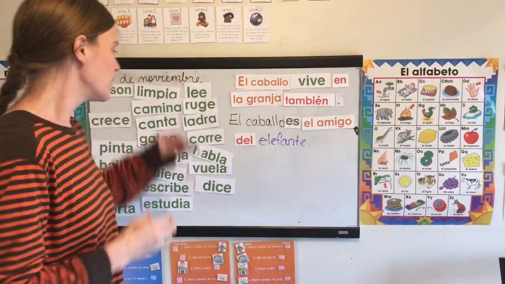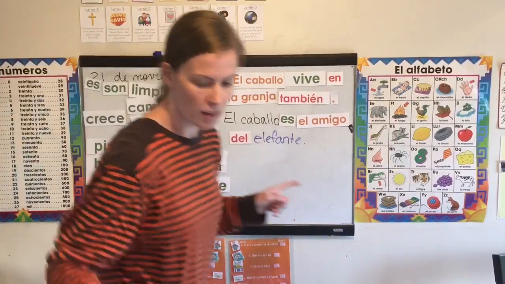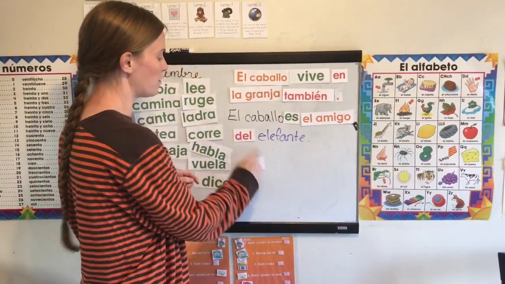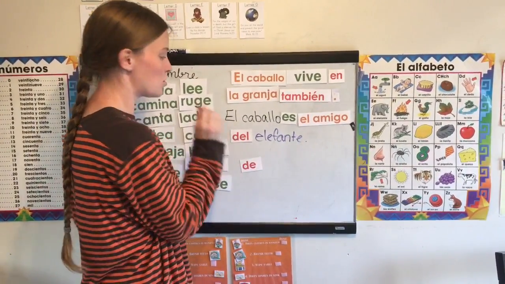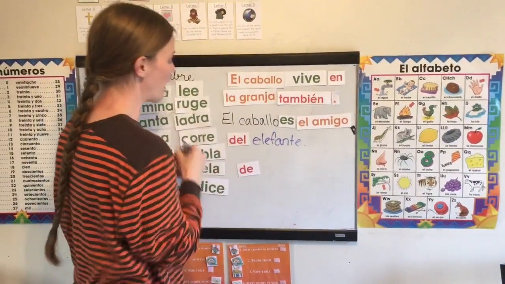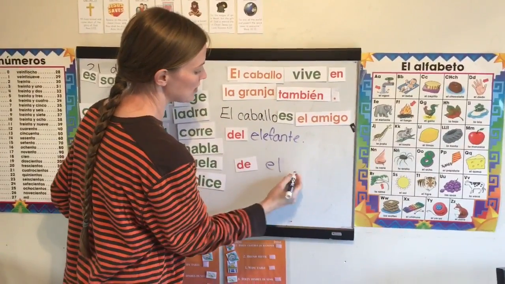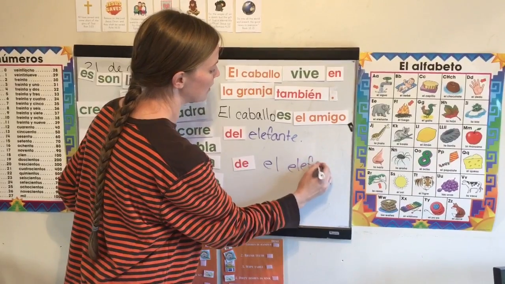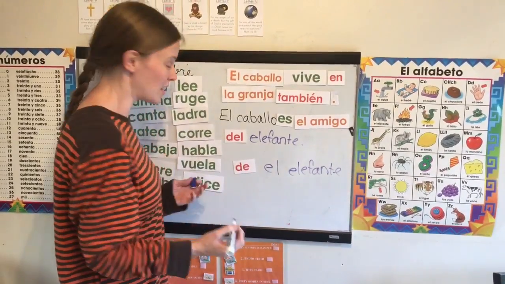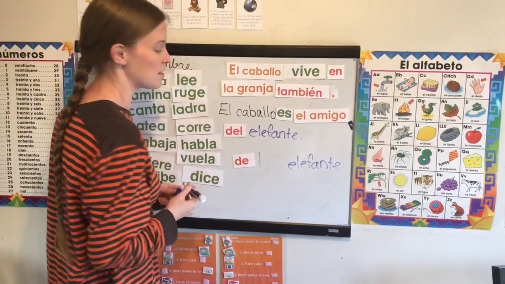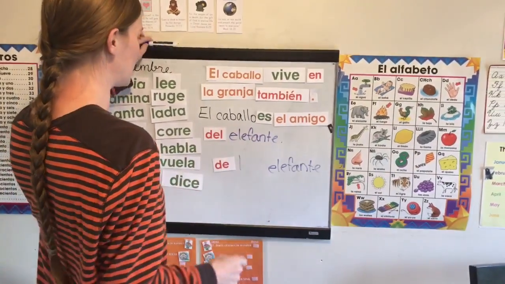Period, un punto. De means of, del means of the. And this is just a little quick thing. Whenever you have de next to el, you can't say de el elefante because for some reason in Spanish that's wrong. So you have to change it to del elefante. And that's why we're writing del.